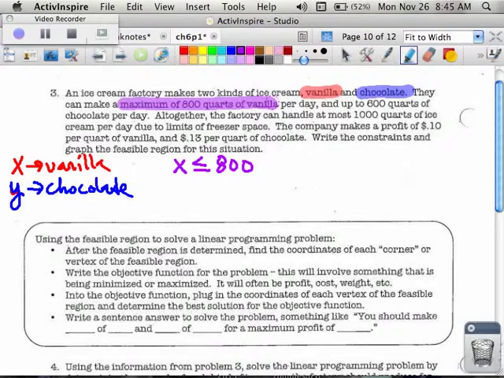In the same respect, they also talked about up to 600 quarts of chocolate per day. So if I'm talking about the chocolate now, which was my Y, I know that has to be less than or equal to 600. So already I have 2 constraints with that.